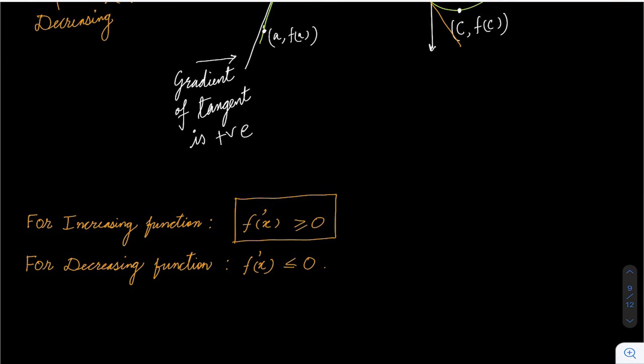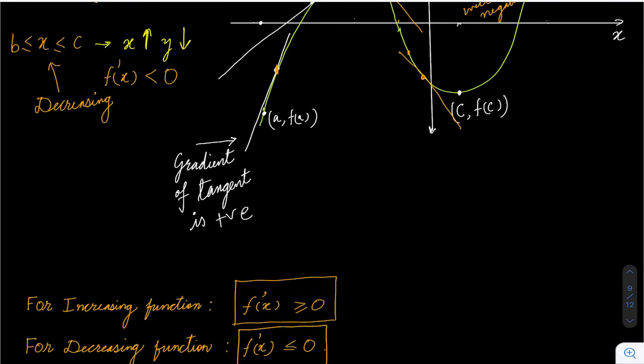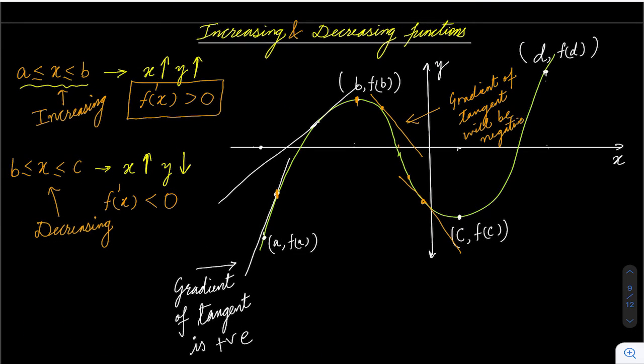So if a function is a decreasing function, then its derivative will be less than or equal to 0. Now, there might be some students who will ask why it is equal to now, because before you said it's greater than, it's less than. Now, see what happens is that point B is a stationary point. So at point B, my f dash x will be 0.